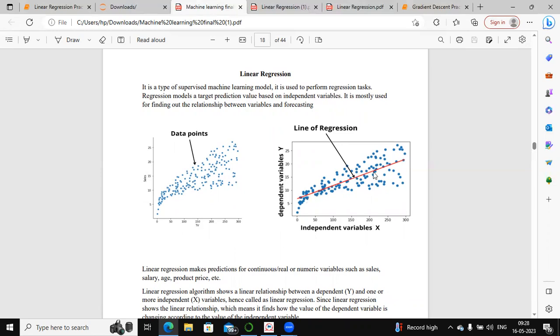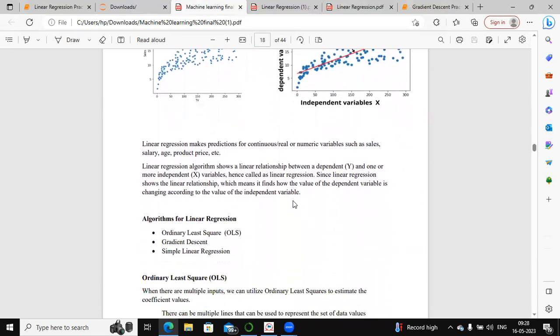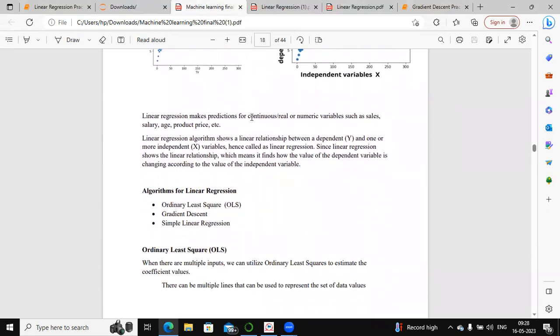So this is the equation of a line, right? Where you have a slope m, and the line will cut somewhere over here, and that is the slope and intercept. Okay, the intercept is somewhere over here.